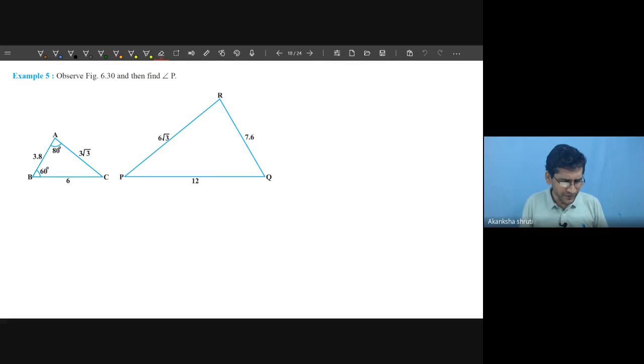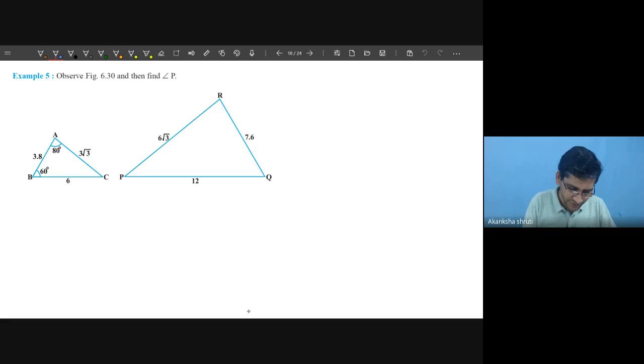In question number 5, in this question, the things are already displayed over this figure. From this figure you have to observe and determine the angle P. So what is this angle P?